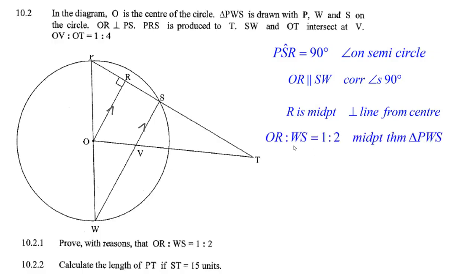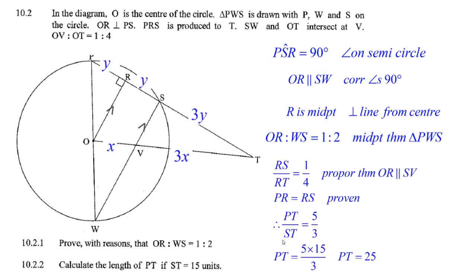Now, OR and WS: since the center is the midpoint of the diameter, and R is the midpoint, it must be in a ratio, OR to WS. The midpoint theorem tells us that this side is twice as long as this side. It's the midpoint theorem.